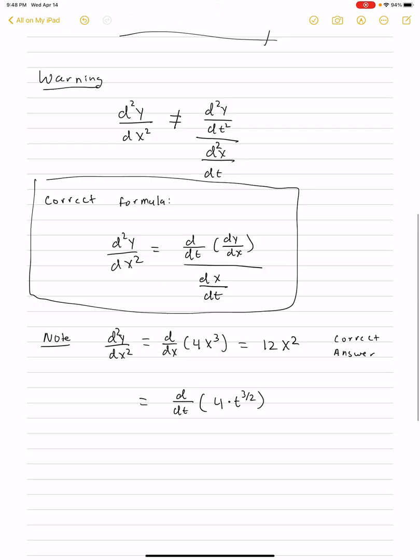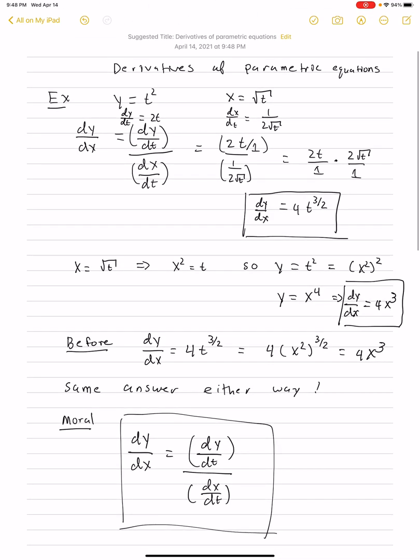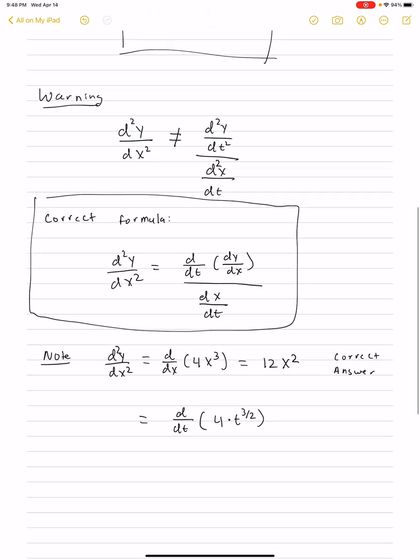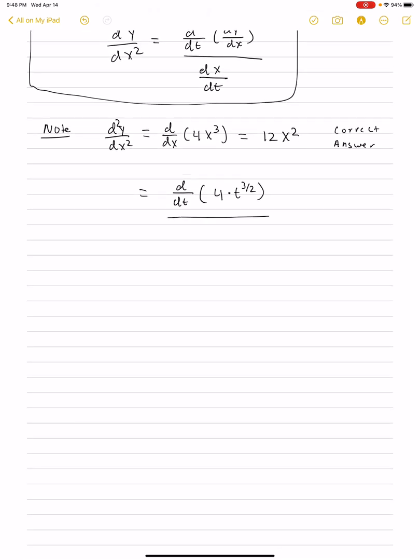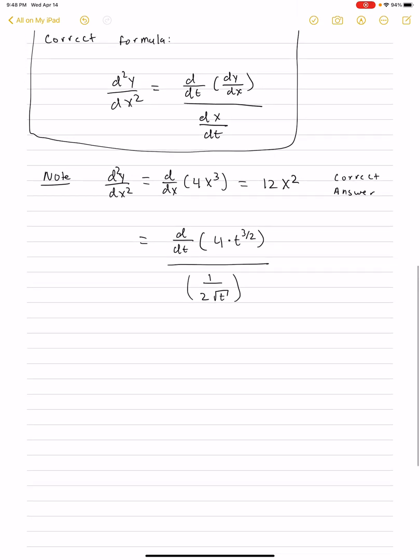I divide by the derivative of x with respect to t. dx/dt is 1 over 2 root t. So that is this formula: d/dt of dy/dx divided by dx/dt. That is the second derivative.